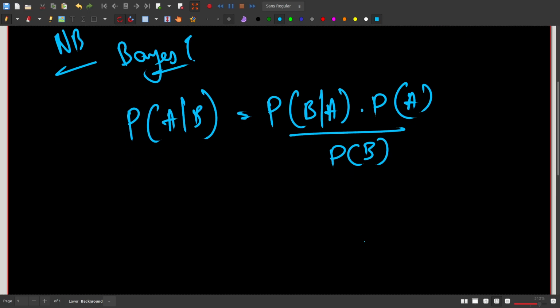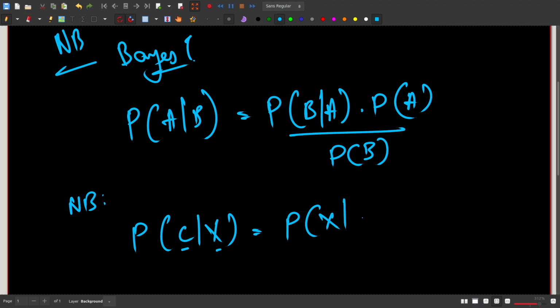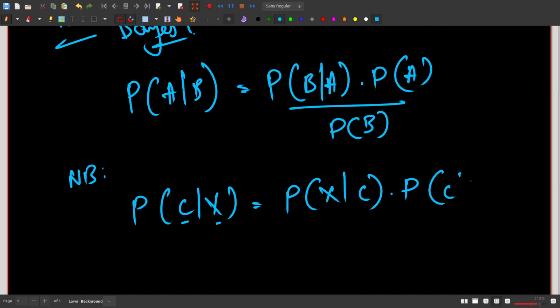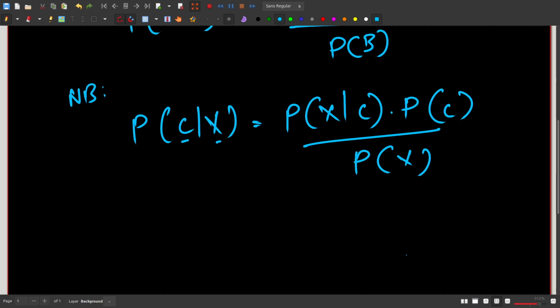Now usually with naive Bayes we kind of rename some of the labels, I mean only one of them specifically. So the probability of it being class C given X is equal to probability of X being in class C multiplied with probability of C itself divided by probability of X. Now we have certain names for these things as well, like for instance the probability of class given X is itself called the posterior.